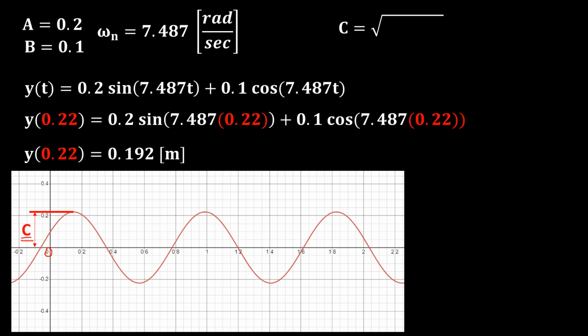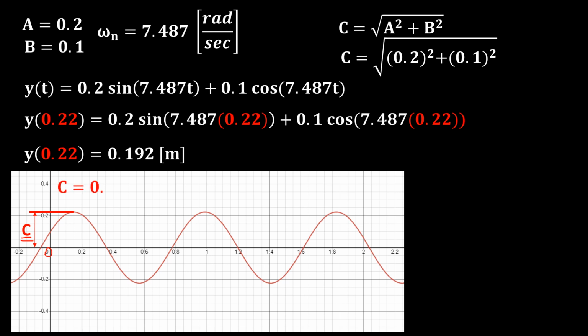To find the amplitude, we simply take the square root of a squared plus b squared, where a is 0.2 and b is 0.1. We square them and plug this into our calculator, and then we can get the C value. So here the C value is 0.2236 meter. That is the maximum displacement from the equilibrium position if the spring got stretched or compressed.